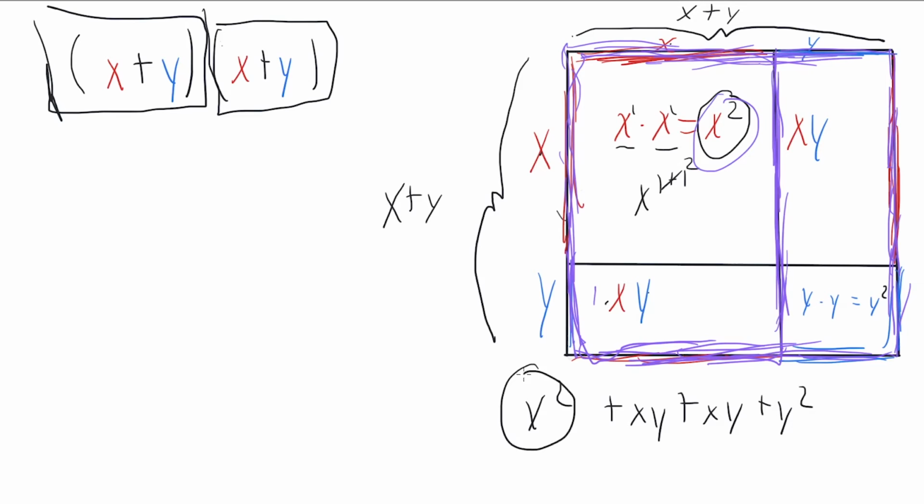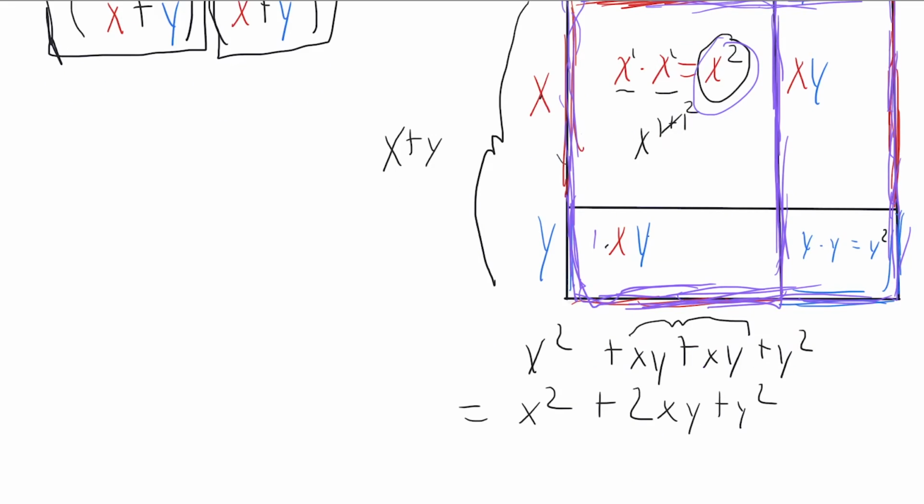Now we can't simplify x squared any further since there aren't any terms with base x to the power of 2. Same thing applies to y squared. As you may have noticed, these two terms are the same. So we'll have x squared plus 2xy plus y squared.